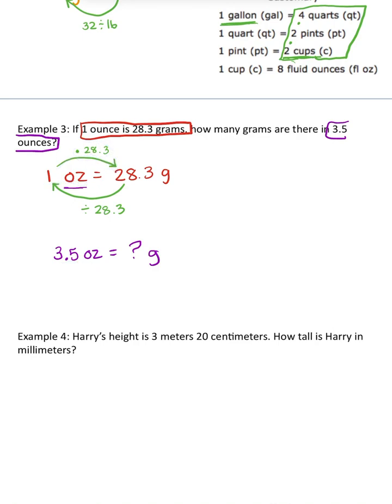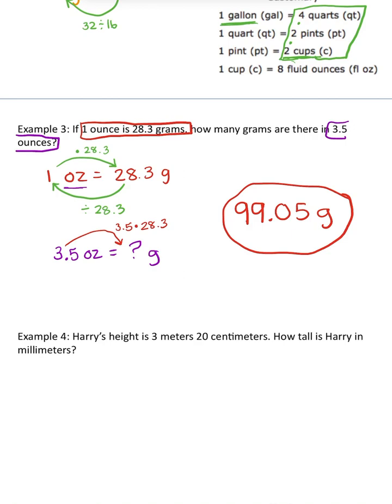So I need to do my arrow, and I'm going to have 3.5 times 28.3. Okay, when we do that multiplication, we get 99.05 grams. So that would be my answer for that one.